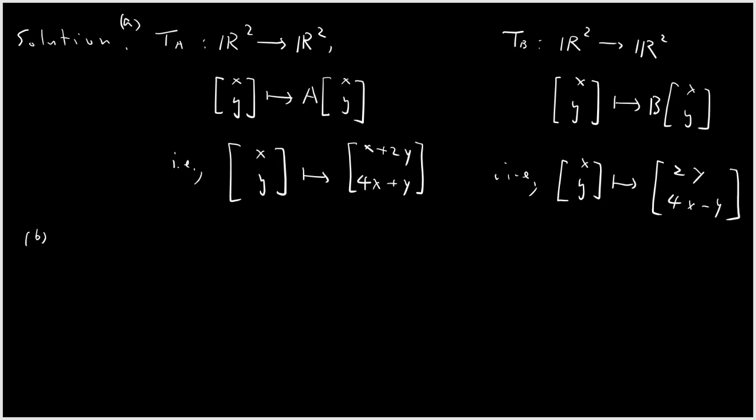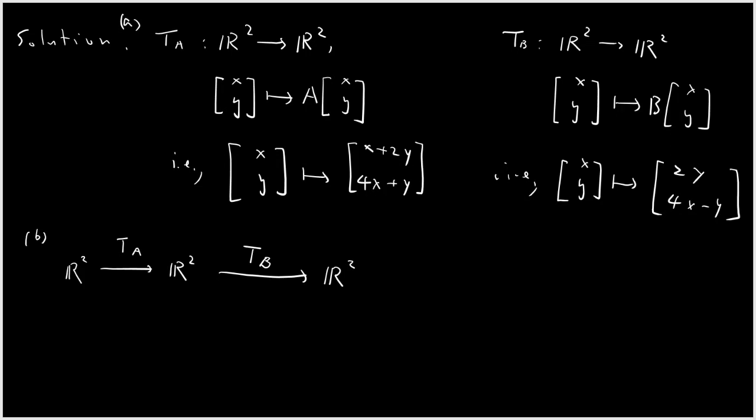T sub A is from R2 to R2, and T sub B is also from R2 to R2. We have a chain again. We want to apply T sub A first, and then we apply T sub B.